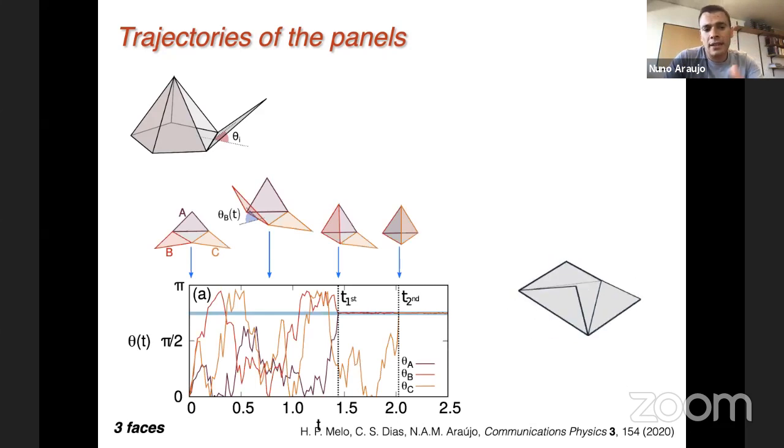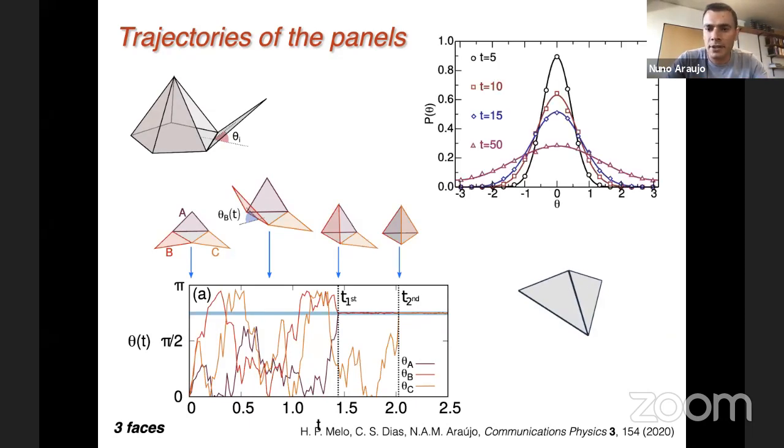In this case, for a pyramid with a base and 3 lateral faces, we looked at the statistical properties of these angles. Before they close, the time series of these angles resembles a Brownian motion in the space of the angles. So each face is doing a Brownian motion in the space of theta.